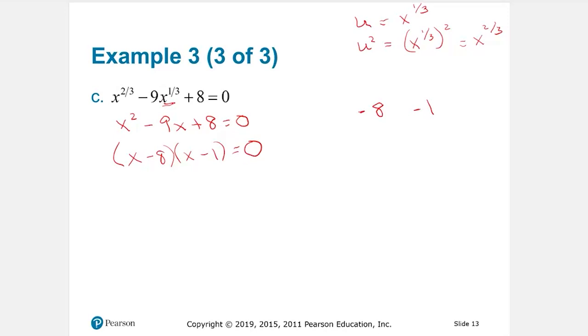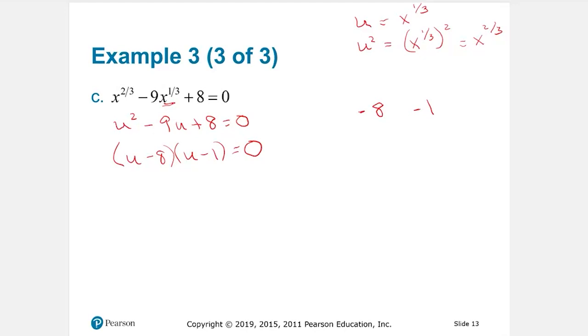Okay, and if you FOIL that back together, you'll get back to the original. Actually, these should all be u's, because otherwise we're going to get very confused. So we have u squared minus 9u, and we get u minus 8 times u minus 1.